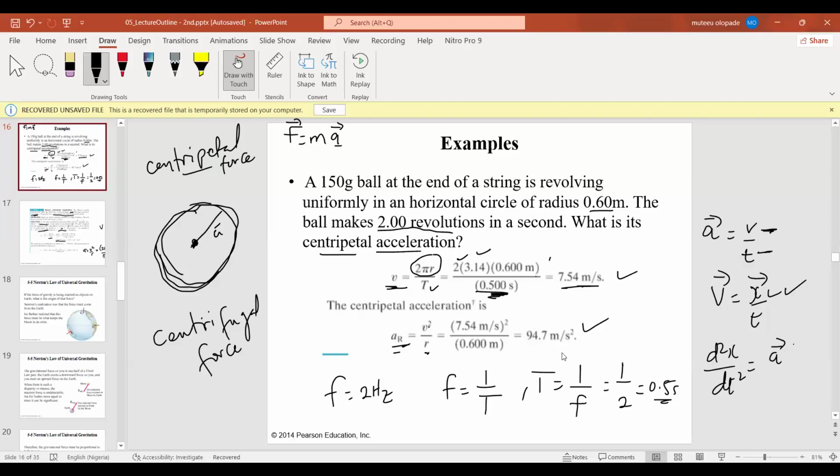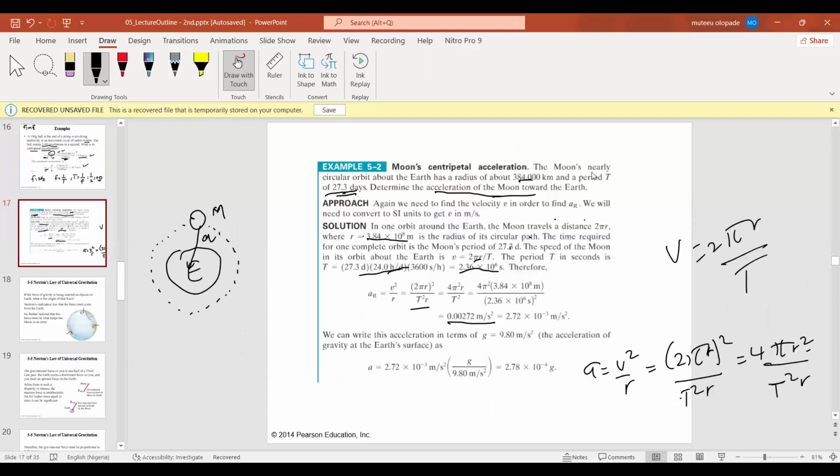Sir, the second slide where you solved the second question. Sorry, I missed a particular point there, sir, can you go back to the second slide? This one. Yes, sir. Thank you very much, sir.